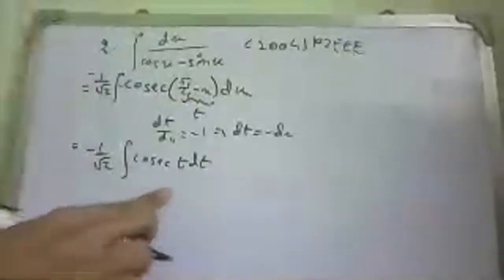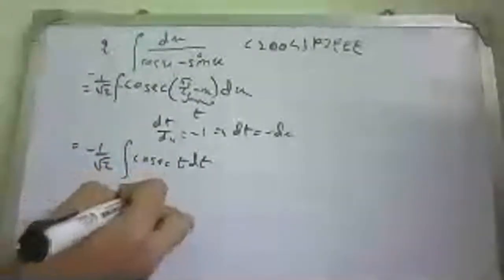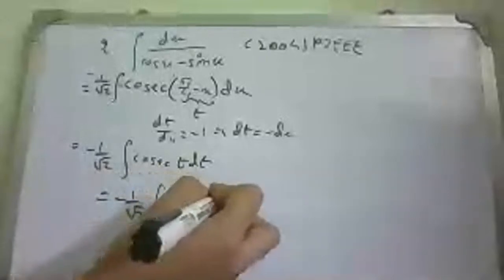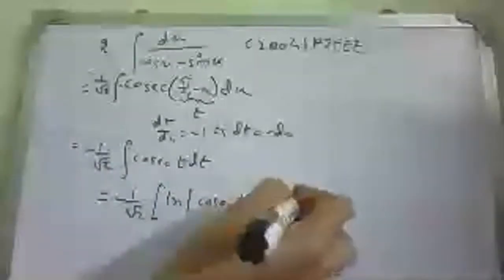Now, what is the integration of cosec? Integration of cosec is basically log of cosec t minus cot t.